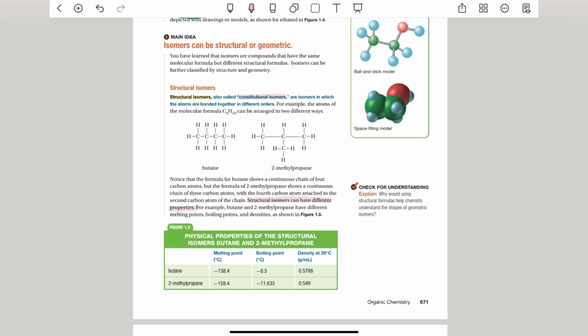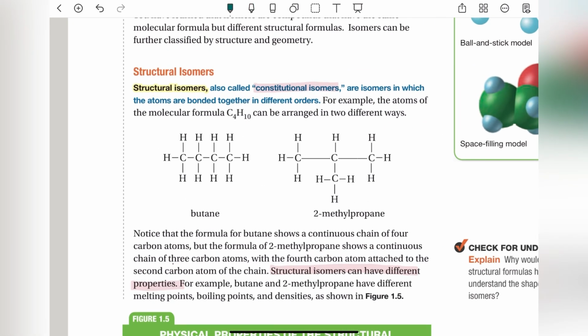So both of them, if we were to write a molecular formula for either of these compounds, it would be C4H10. And from this chemical formula, which is a way to express a compound, we could not tell which isomer we're talking about. But when we have a structural formula and enough knowledge to identify the compound, we can easily tell exactly which one we're talking about.